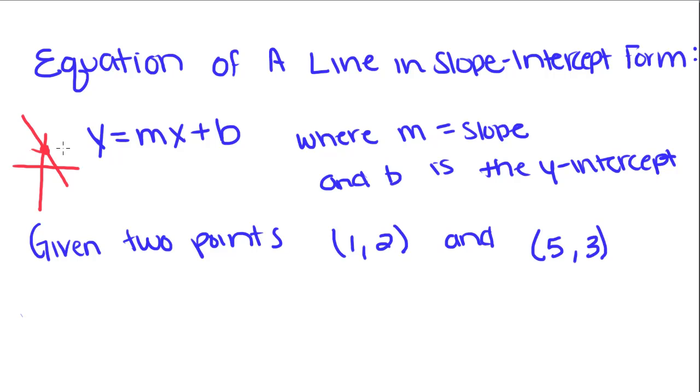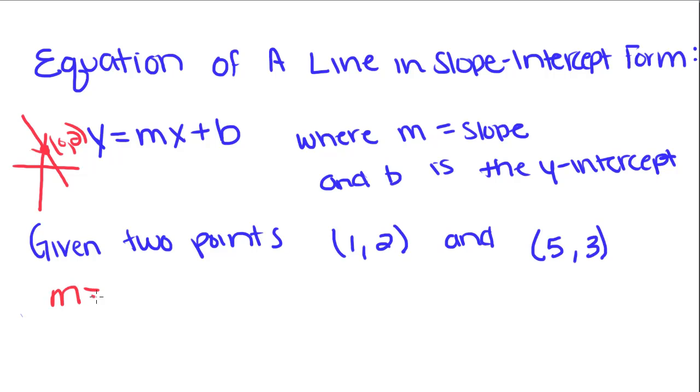So this one, the y-intercept would be (0, 2). So given 2 points, (1, 2) and (5, 3), we're going to write the equation of a line. So the first thing we have to do is find the slope.